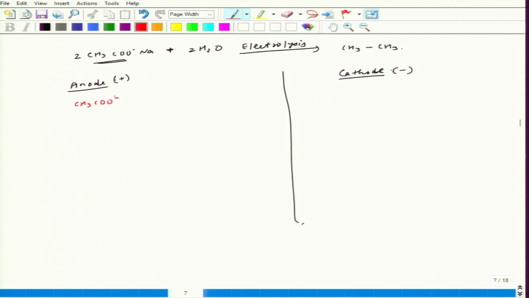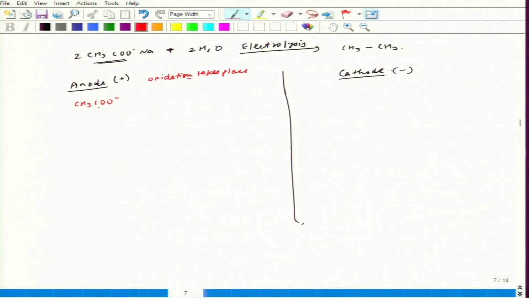CH3COO minus will come to the anode. Oxidation takes place at the anode.